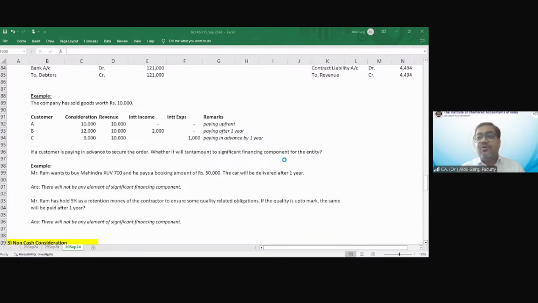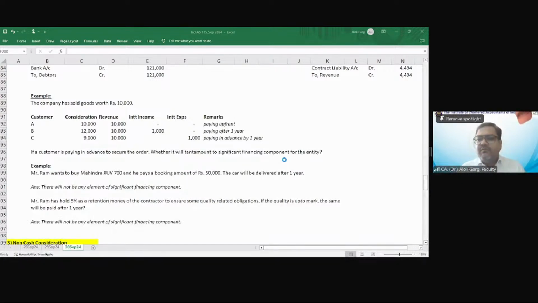So to avail the better price, the good discount, the customer has paid money in advance to get the early bird discount. In that case, will it be a significant financing component? The answer is no. Whatever the customer has paid will be the revenue to the company. I hope it is clear to each and every one of you.